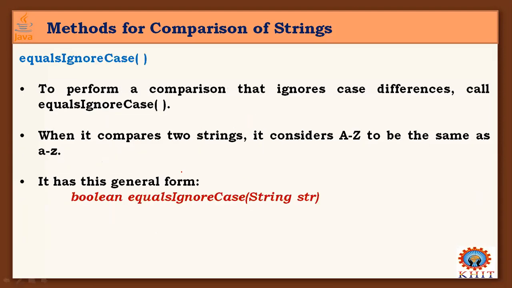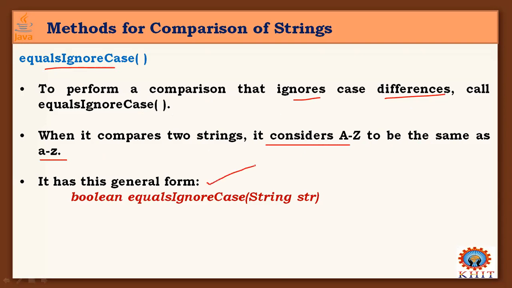To overcome the problem of case-sensitive comparison, we use the equalsIgnoreCase method. It automatically ignores the case differences between the two string values given for comparison, so it considers uppercase characters to be the same as lowercase characters.